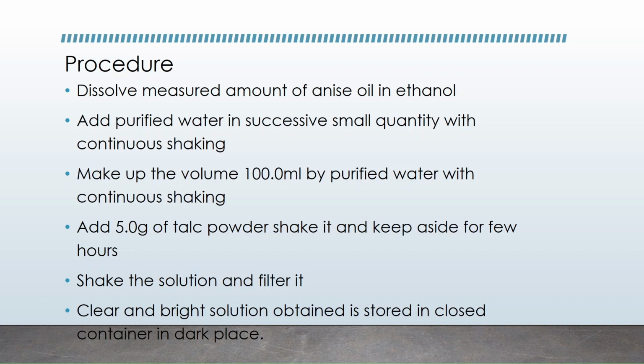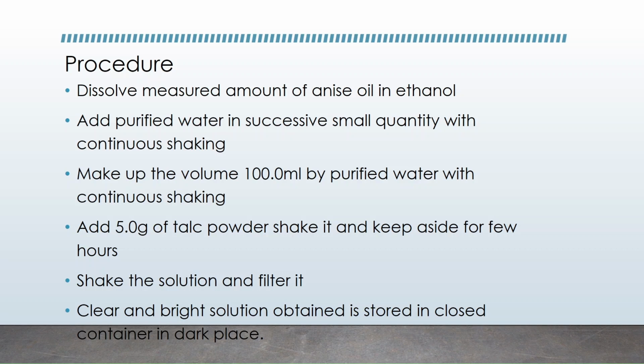What is the procedure we use? We dissolve the measured amount of anise oil in ethanol, that's our 90% volume ethyl alcohol, or you can call it ethanol. They are the same names, the difference is the IUPAC mode. And then add purified water in sufficient small quantity with continuous shaking.